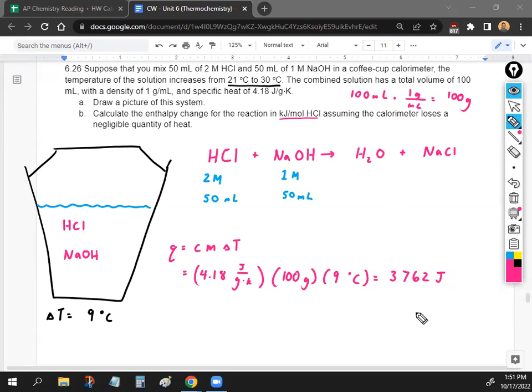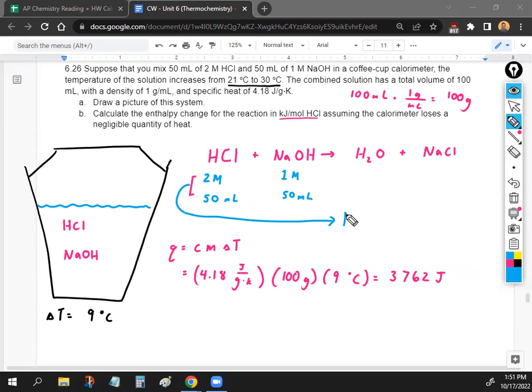Now, this is not our final answer because it's asking us for joules per mole of HCl, right? If we look at this, we can tell just by the molarity formula, this isn't going to be 1 mole of HCl. No, because this is just for this whole reaction. So what we got to do is take this information about HCl and find out how many moles this is.